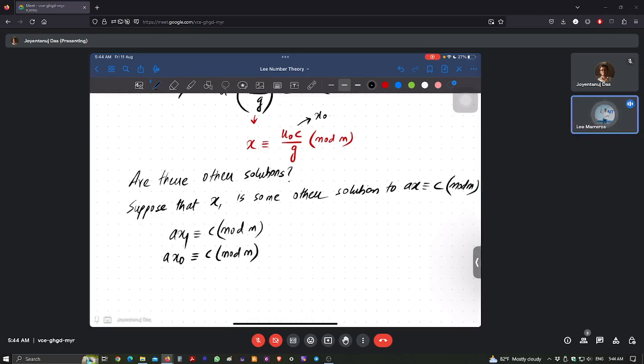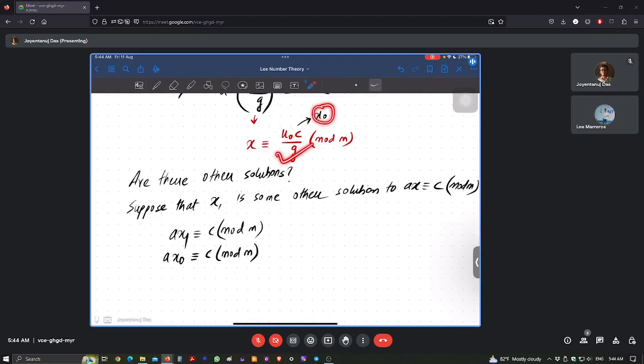What I'm saying is, one solution is x0 that you already found. Suppose we want to find other solutions also. Suppose x1 is a different solution than x0.